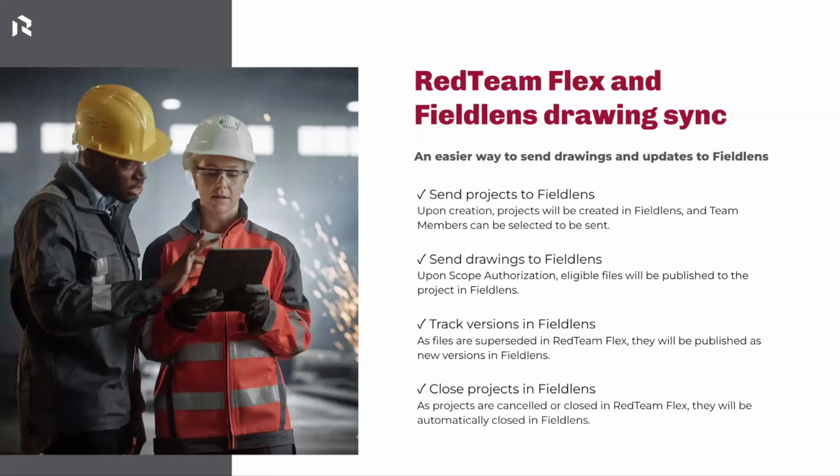It also sends the projects and the drawings, and tracks any version of the drawings that you push to your project. There are so many changes going on day to day that you don't have to worry about whether your team on the job site has the latest version. With RedTeam Flex and Freelance, you will have everything covered. It tracks the versions and all.